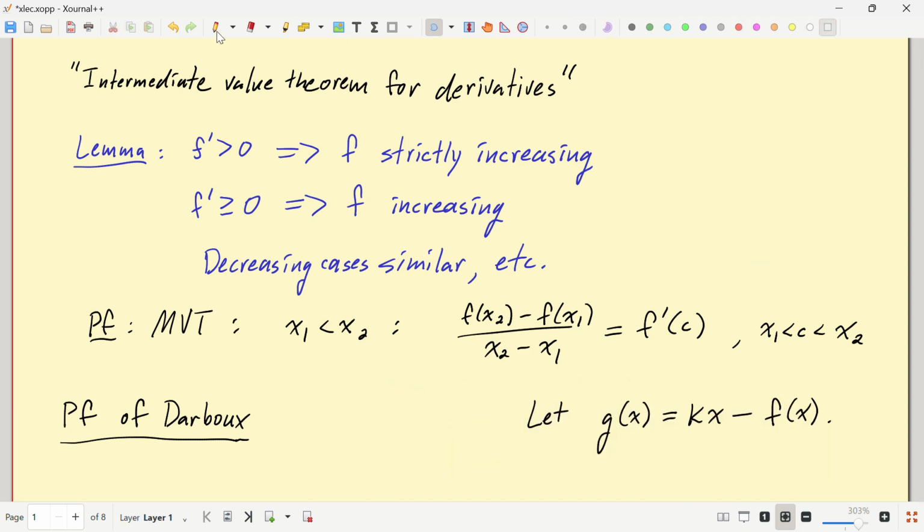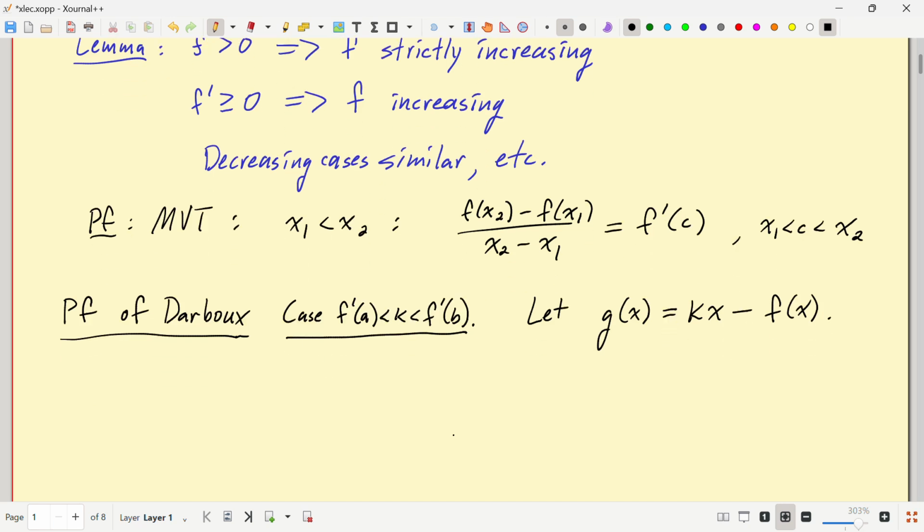The case I'm going to do is f prime of A less than K less than f prime of B. Then we let g of x be kx minus fx.